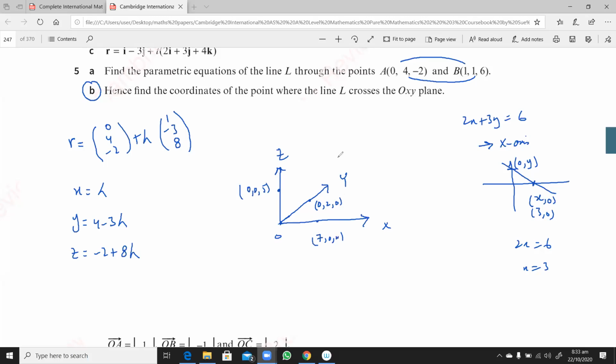If you look at this, this is your yz plane. If you take any point on this yz plane, you must be sure that the x coordinate is 0. For example, this point over here is 0 comma 2 comma 5.